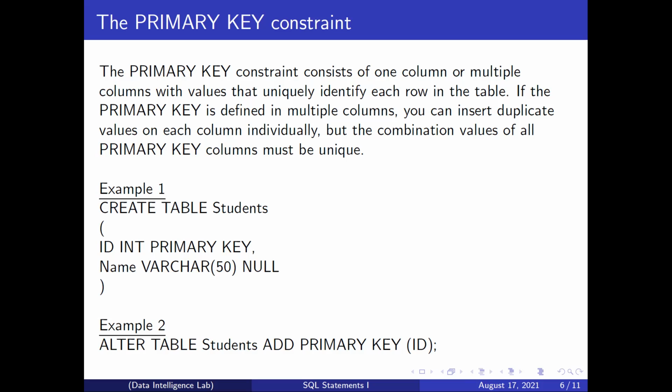And something else might be unique about them. It might be their age. They might be of different ages, or it might even be their address or something like that. So let's say that table does not have an ID column.